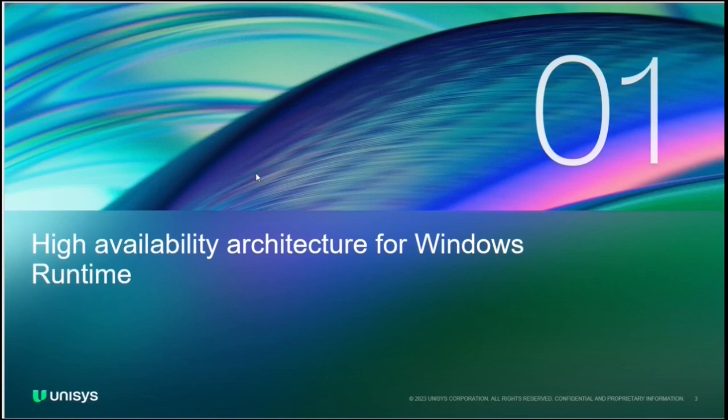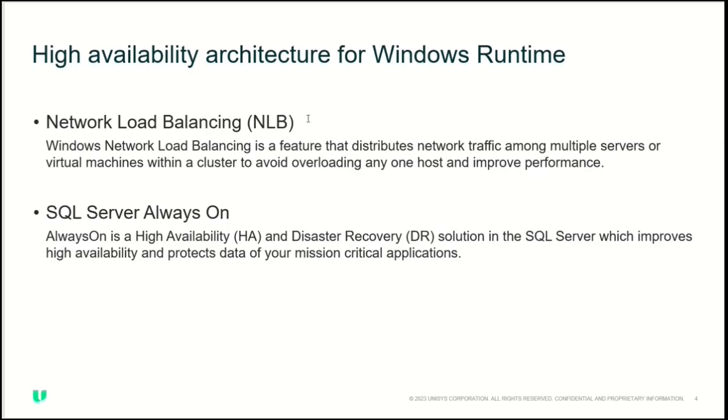Let's move to our topic, high availability architecture for Windows Runtime. Before coming to the actual architecture of high availability for Windows Runtime, let's get a brief introduction about these two technologies we have used to implement high availability feature for Windows Runtime.